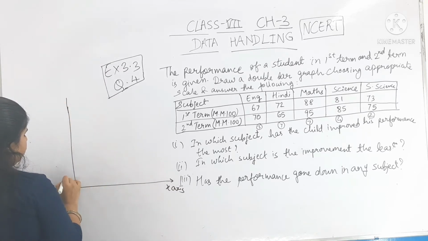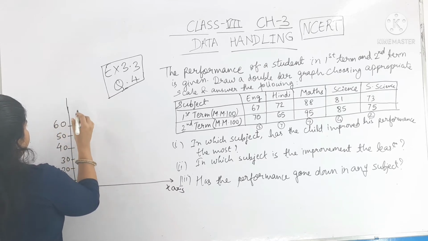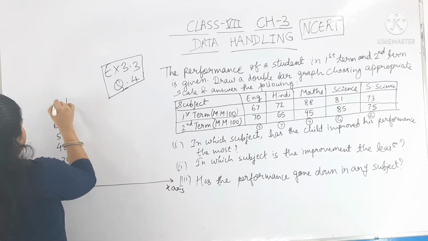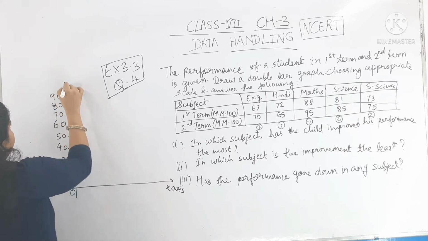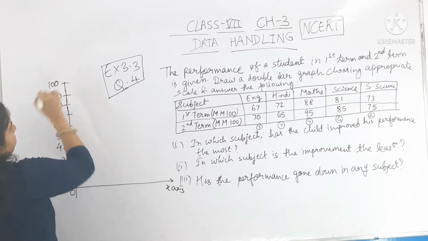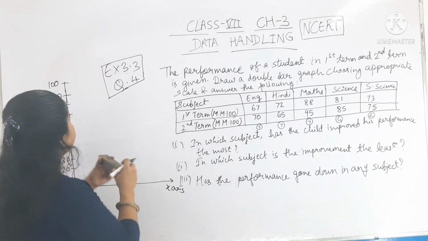So here 10, 20, 30, 40, 50, 60, 70, 80, 90, here 100.